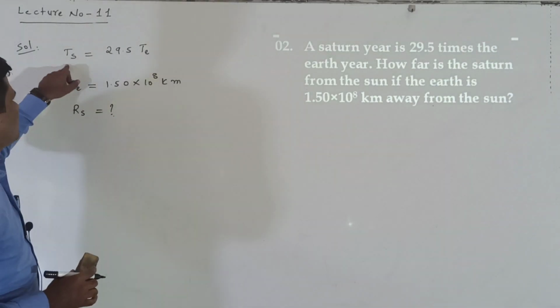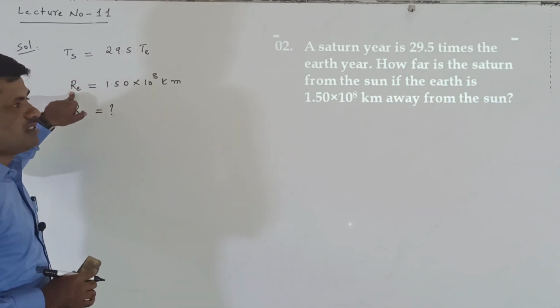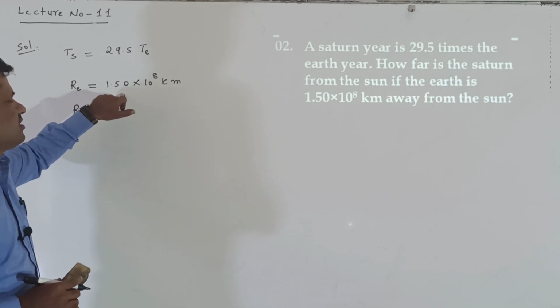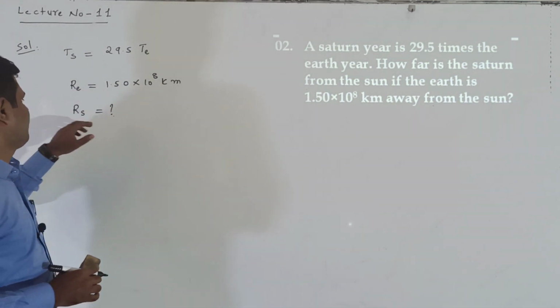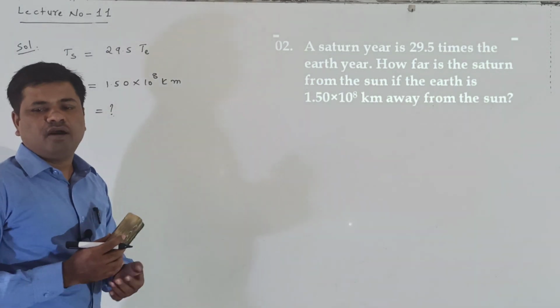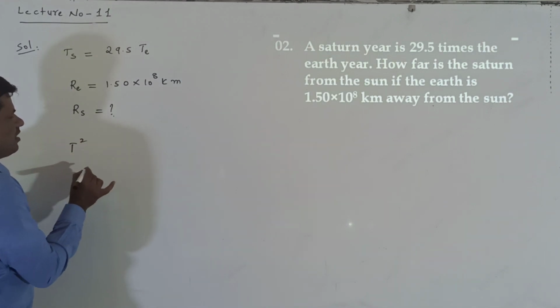TS is equal to 29.5 TE, which is given, and the distance of the Earth from the Sun is also given. The distance of Saturn from the Sun, that value RS, we have to find. Now we know the formula from Kepler's laws.